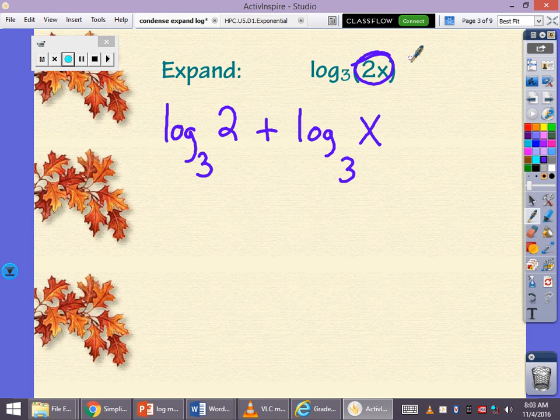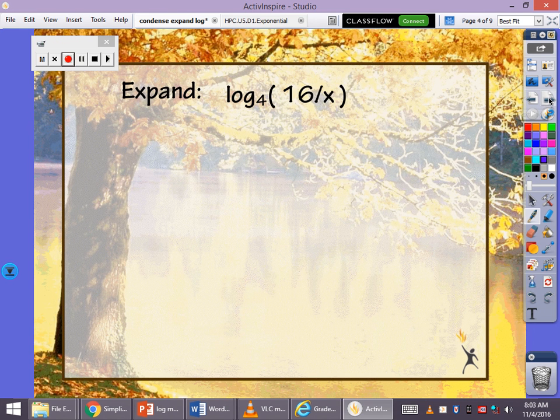And when I'm multiplying exponents with like bases, I add them. Okay? In parentheses was 2x. So that means 2 times x, so I separate it. So multiplication is really addition when I expand it, okay? All right, you guys try this one, please.